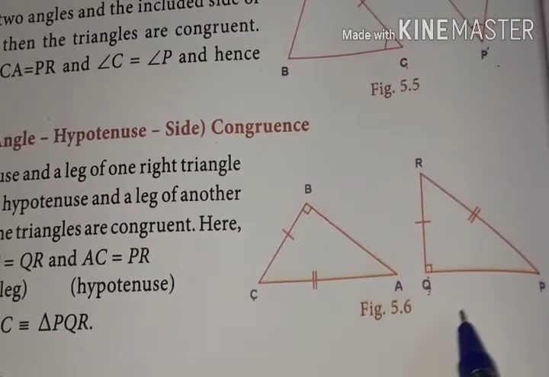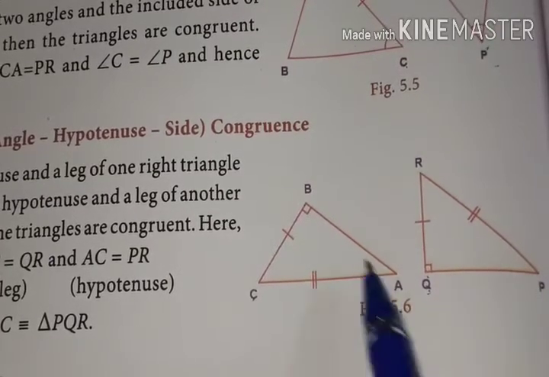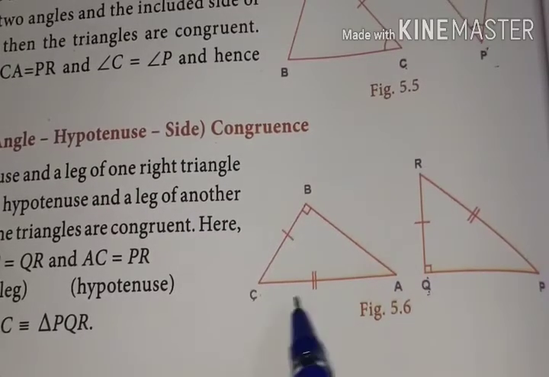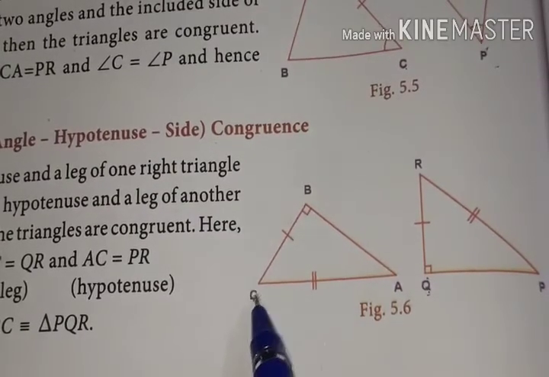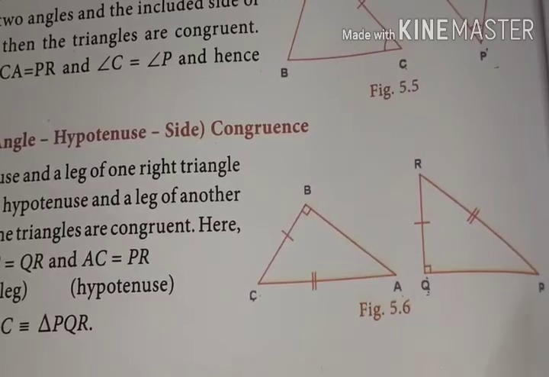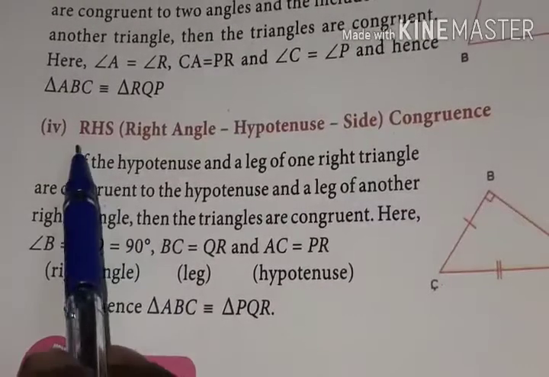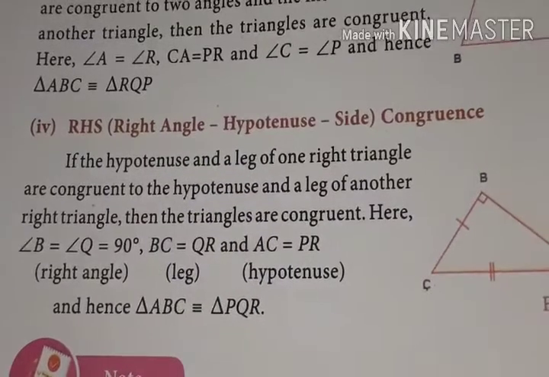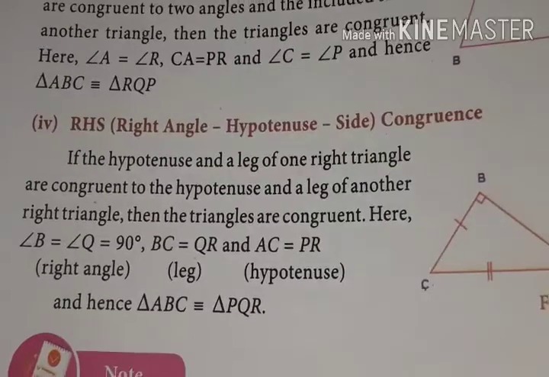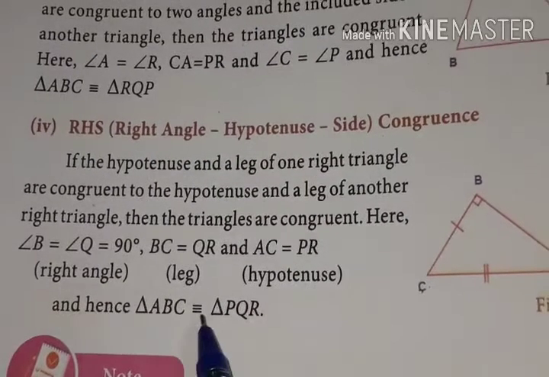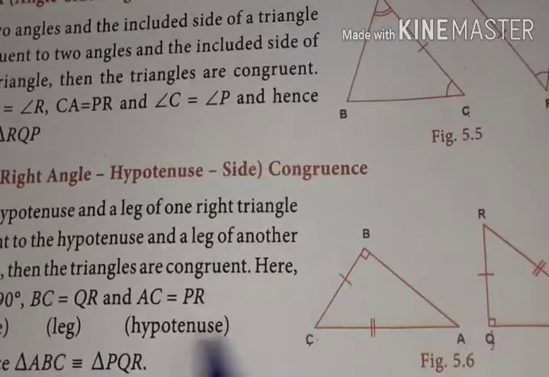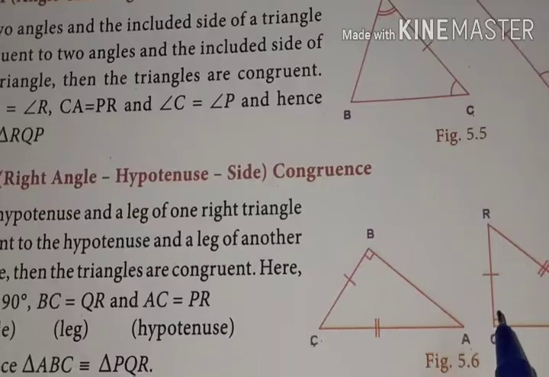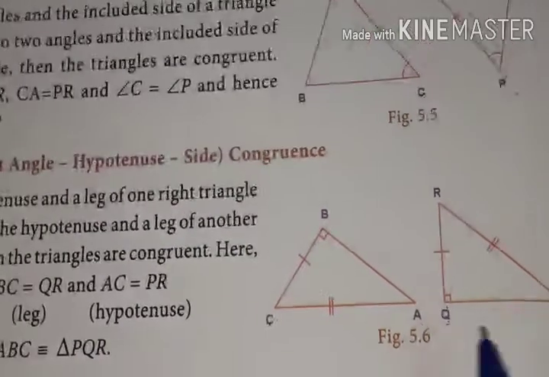Then CA is equal to RP. Here the right angles are equal, this side and this side are equal, and CA and RP are equal. So this is right angle hypotenuse side. Triangle ABC is congruent to triangle PQR. These are right angle hypotenuse side congruence triangle examples.